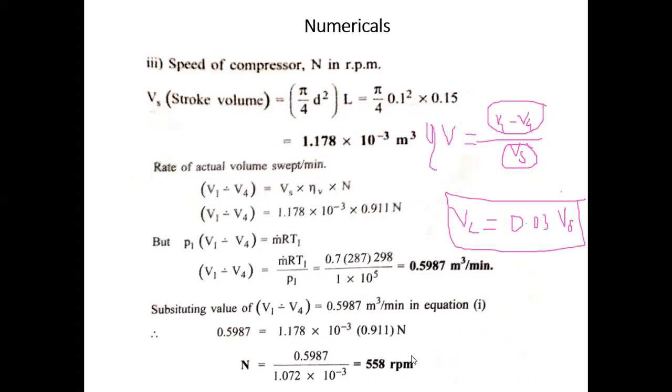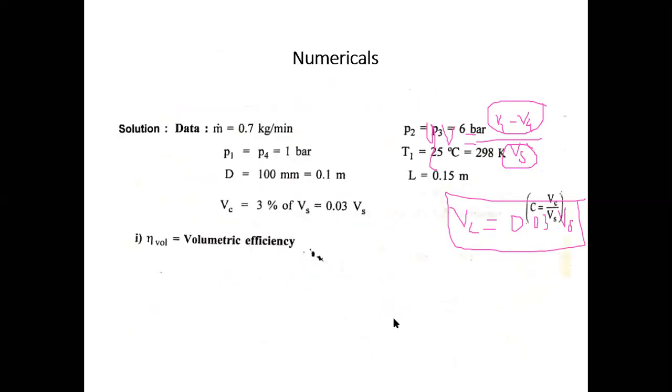This gives a final answer of 558 RPM. So the shaft of the reciprocating compressor will revolve at 558 revolutions per minute. This is how we can solve numericals on a single stage reciprocating compressor.